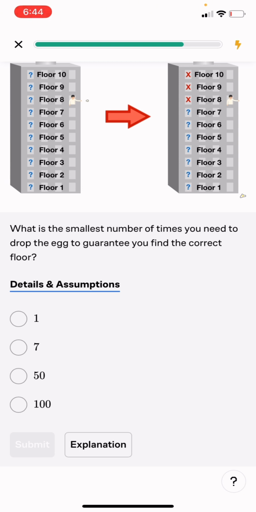Well, I believe it wouldn't be 1. Because if you dropped it from floor, let's just say 100, and it does break, and you drop it from floor 99, it does break too. So you'll have to continue that for a while. So, I mean, it is based on luck, but a guaranteed approximation.